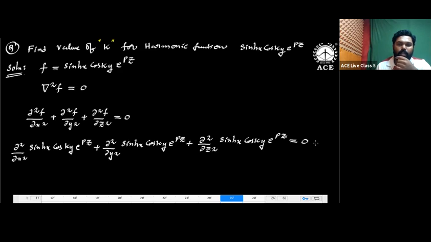So what is the double differentiation? Here you need to double differentiate this one. Let me turn the page here. What is the double differentiation of sin hyperbolic x? What is the one-time differentiation? Cos hyperbolic x.